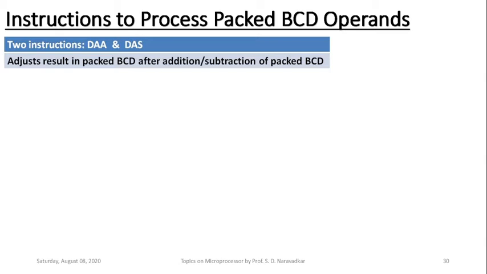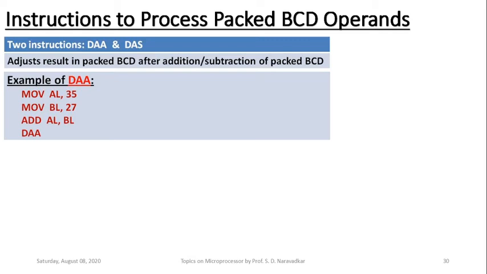It clearly means that whenever you are performing the addition or subtraction of packed BCD numbers, whatever results are generated may be in a different format, and to adjust that result into packed BCD format, these instructions are applicable. Let us see here the operation.